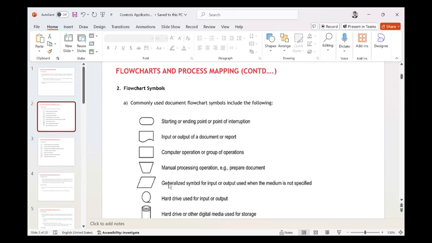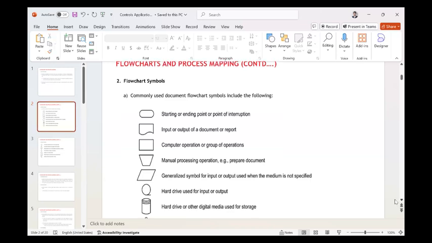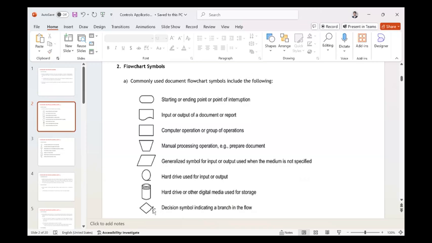Then you have the generalized symbol for input output, the media. So just be familiar with these symbols. Then the hard drive symbol, and the decision symbol at the end. Can you see this diamond shaped thing at the bottom? That's like saying, if the amount is above 50,000, then it will be approved by the manager.